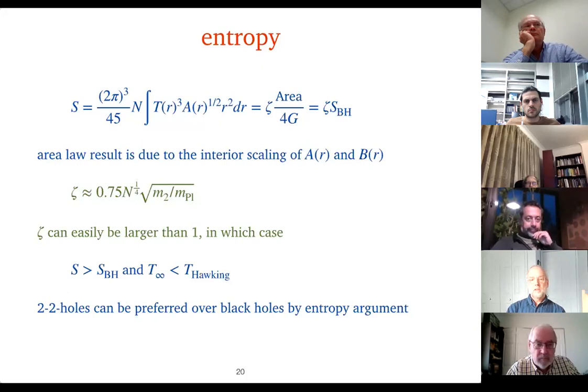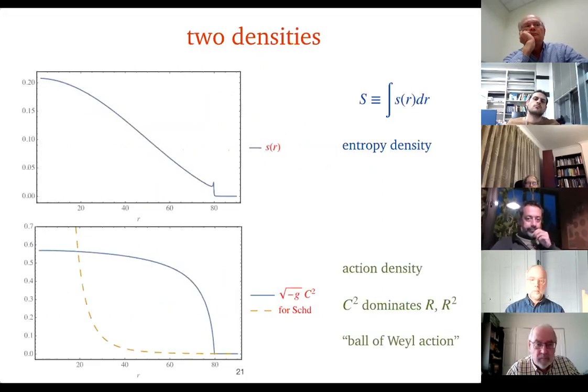Here are plots of two densities. By density, I just mean the integrand of the r integral that gives rise to the quantity. So for the entropy density, it's spread over the interior in this way. And then there's also the action density.